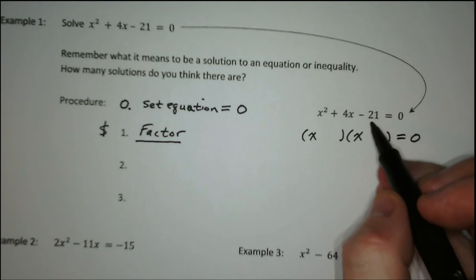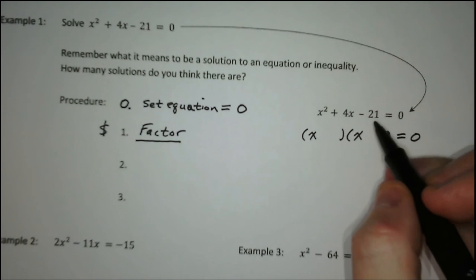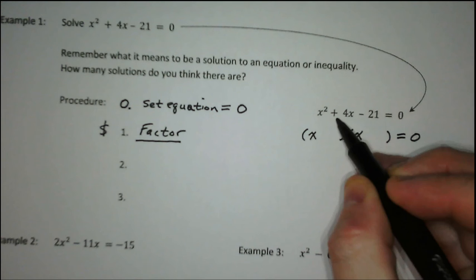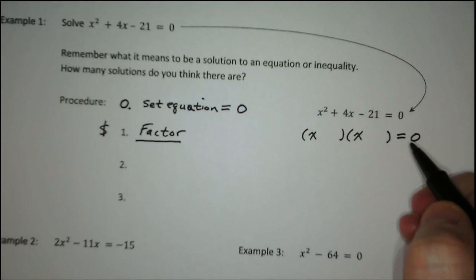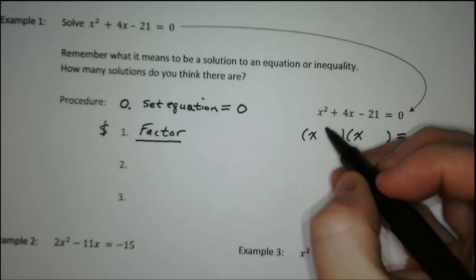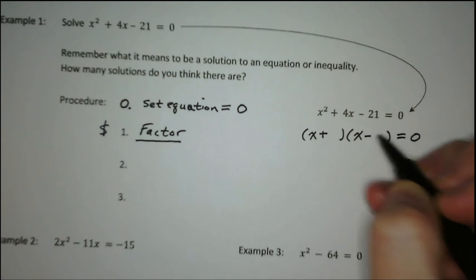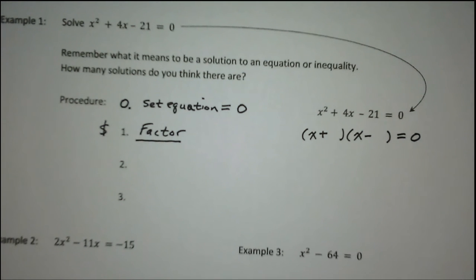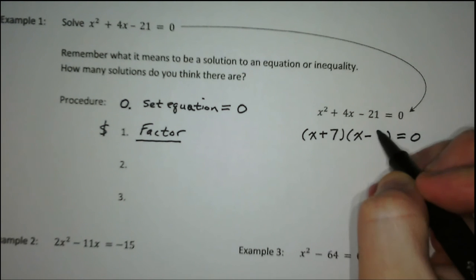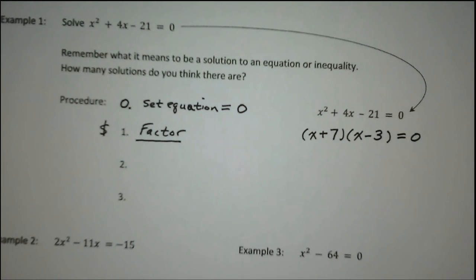It unfoils if there are two numbers that multiply to make -21, but also add up to +4. It's got to be a plus and a minus. Let's cut to the chase: x plus 7 and x minus 3.